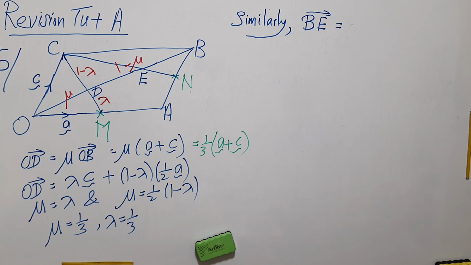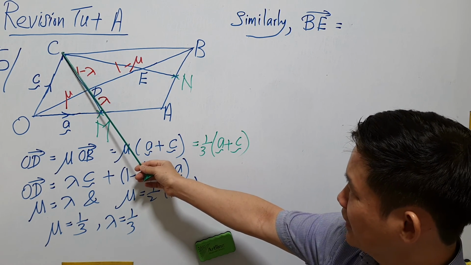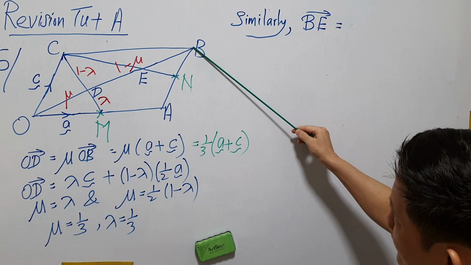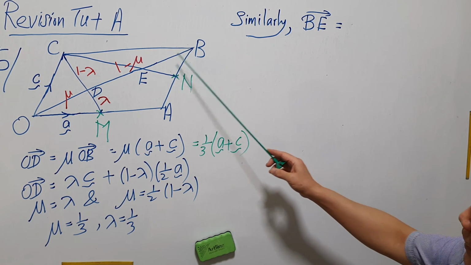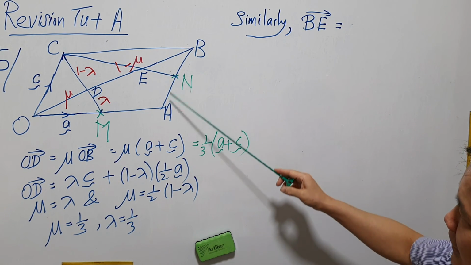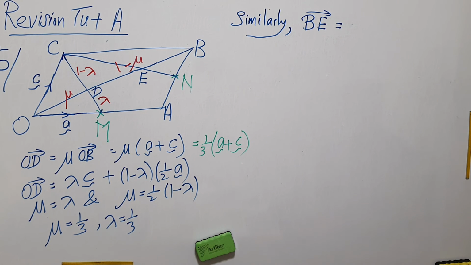You want to see that this vector is actually minus A, and this vector is actually minus C. Can you see? So E is like D, just that in the case of D, you have A and C on either side, but in the case of BE, you now have minus C and minus A on each side.